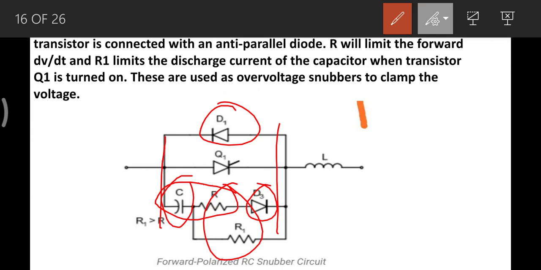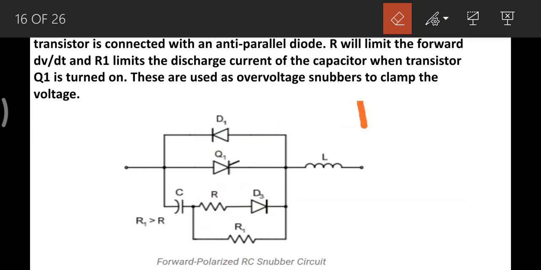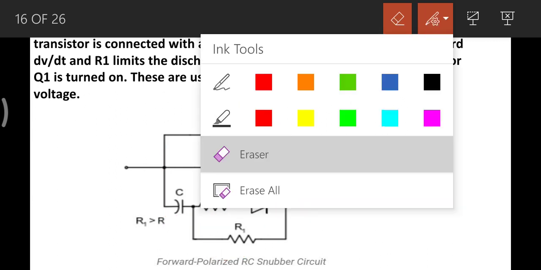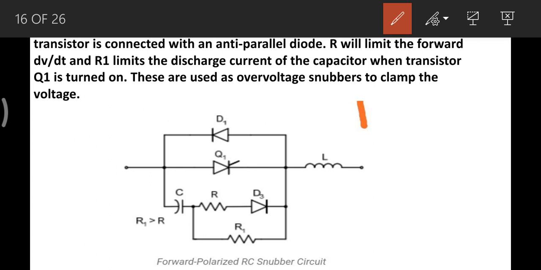Here we have to remember why we are using these resistors. Here R limits the forward dV by dt. That means this R protects from the rate of rise of voltage, and R1 limits the discharging current of the capacitor when transistor Q1 is turned on.